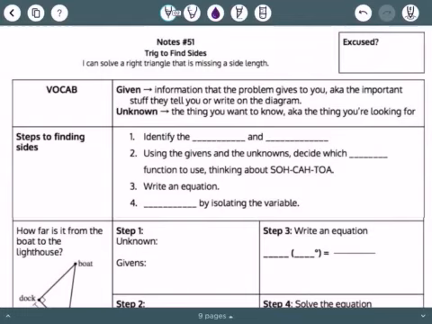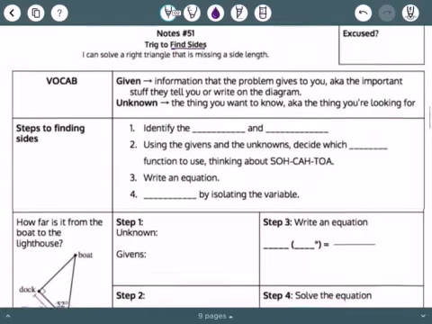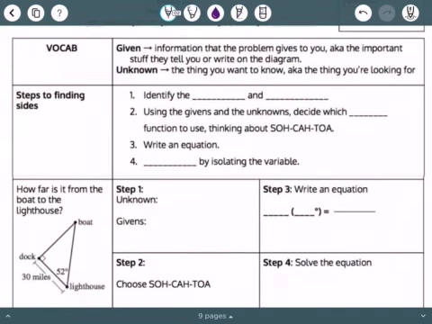So we are using trig to find sides in this one, and in the next one we'll use it to find angles. So a few pieces of vocab here super fast. A given is information that the problem gives to you. It's the important stuff that they tell you or that they write on the diagram.